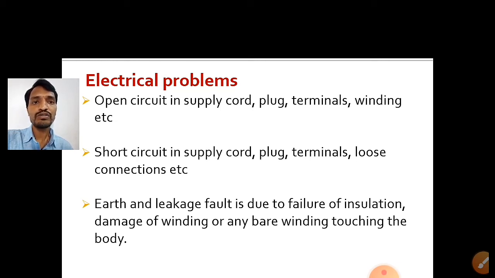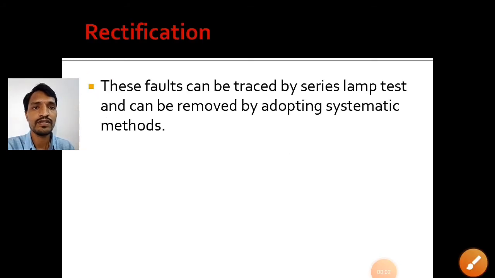How are we going to rectify these electrical problems? Rectification is nothing but how we solve the problem. First of all, to solve the problem we have to know what the problem is. To know the reason why the appliance is not operating properly, we trace it by a series lamp test.